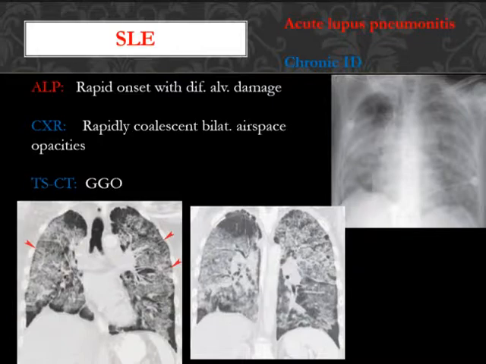Parenchymal manifestations of SLE include acute lupus pneumonitis and chronic interstitial disease. Acute lupus pneumonitis has a rapid onset with diffuse alveolar damage. Chest X-ray shows rapidly coalescing bilateral airspace opacification, like a patient with acute respiratory distress syndrome, and CT shows ground glass opacity. This is diffuse ground glass opacity.